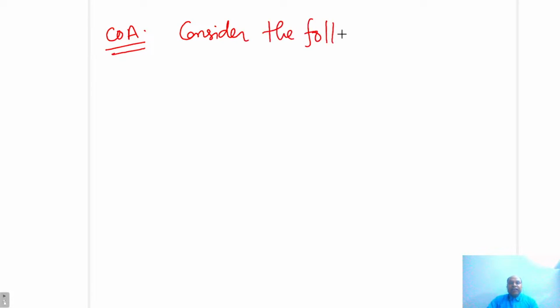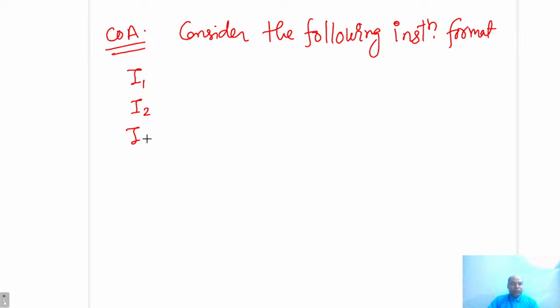the question from computer organization and architecture. Okay, computer architecture and organization. So the question is, consider the following instruction format. Let's say I1, I2, I3, I4 is given to you.